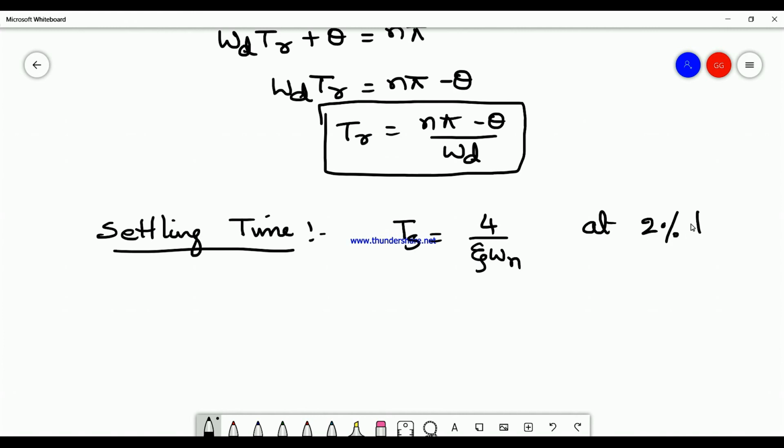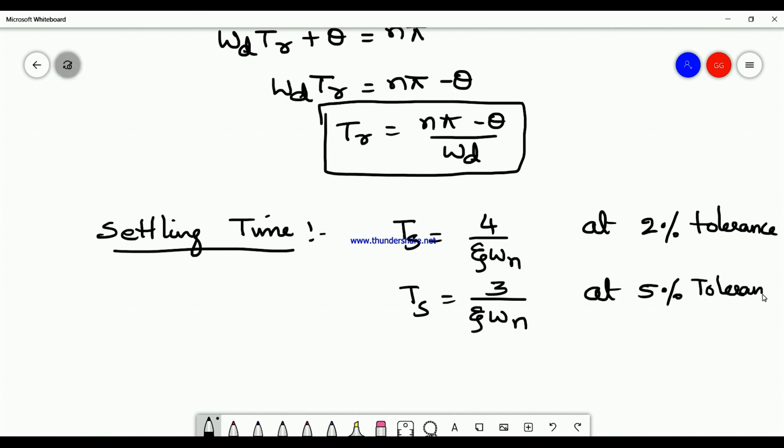You also have Ts equal to 3 divided by zeta omega n at 5% tolerance. Keep this in mind. So you have two tolerances, one at 2% and another at 5%, where 4 by zeta omega n, 3 by zeta omega n.